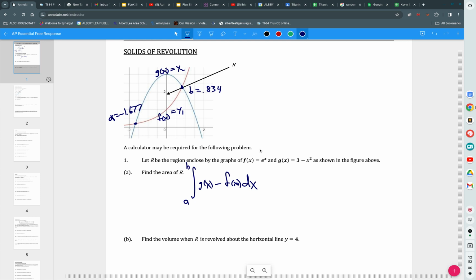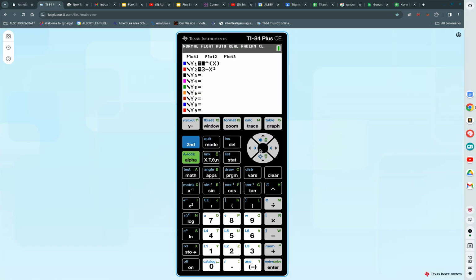If you want to write the values down, you sure can. This does not just say to write the integral, it also says to evaluate. So we want to figure out the exact area of R. So I could go into my calculator, y equals, and I am doing y sub 2 minus y sub 1. Does anybody remember how I write an equation for y sub 2 minus y sub 1?